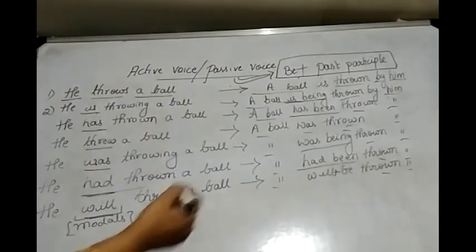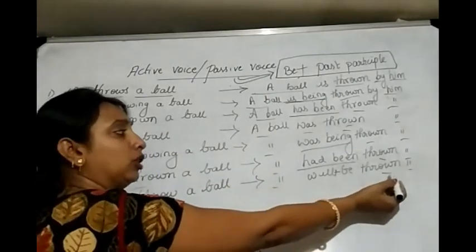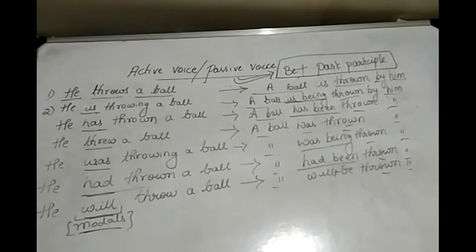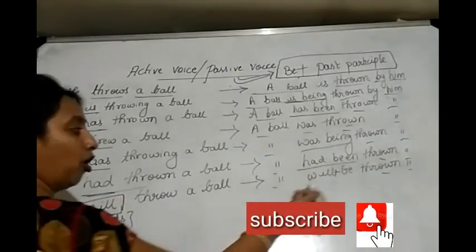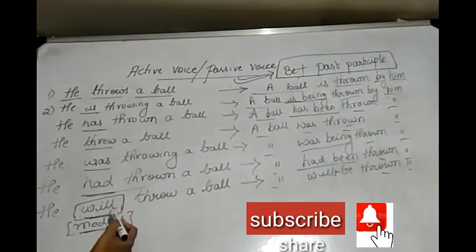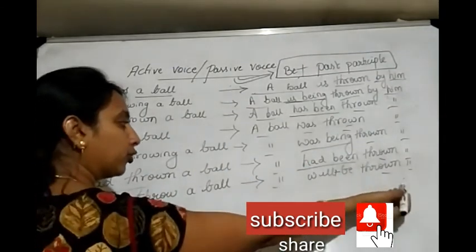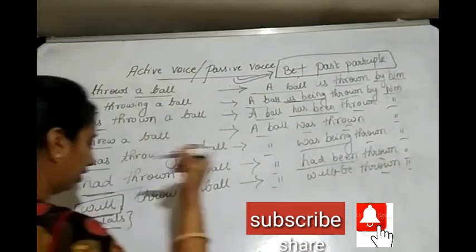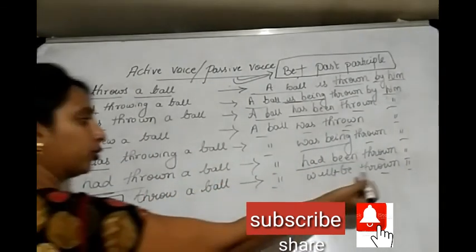So, it becomes a ball will be thrown by him. Instead of will, if we have can, a ball can be thrown by him. If it is would, a ball would be thrown by him. If it is could, a ball could be thrown by him. Should, a ball should be thrown by him.